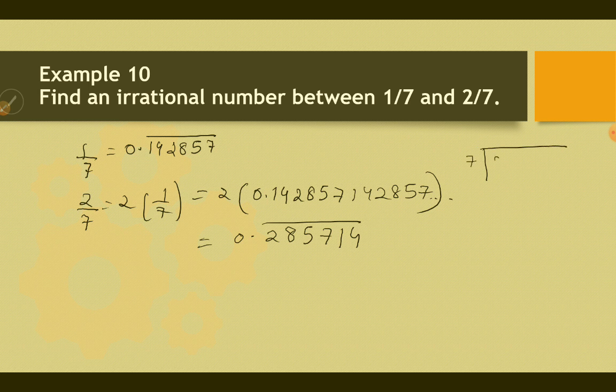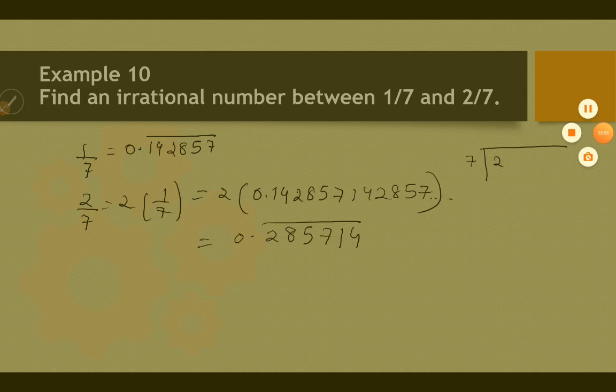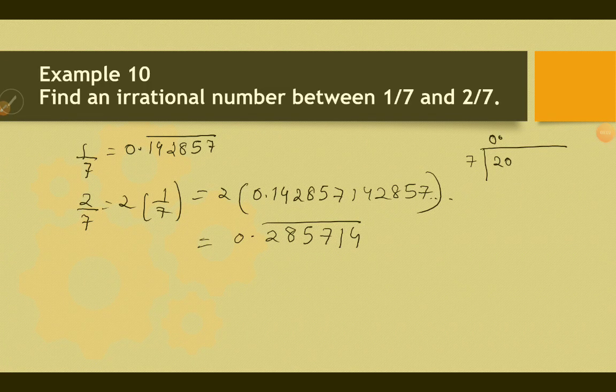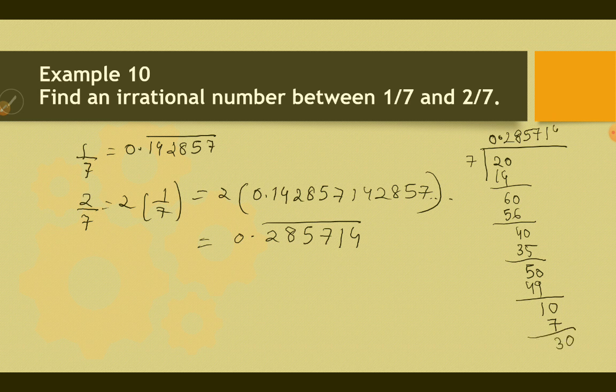7 is outside, 2 is inside. So 7 2s are 14. So 60, 7 8s are 56, 40, 7 5s are 35, 50, 7 7s are 49, 10, 7 1s are 7, 30, 7 4s are 28, and you'll get remainder 2.